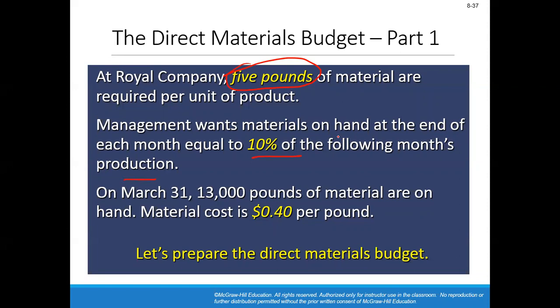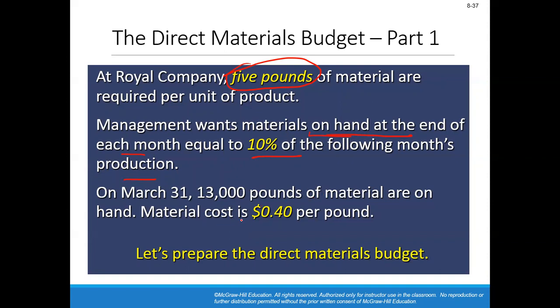It is also part of inventory, but is it the inventory of finished goods or of raw materials? Inventory of raw materials.